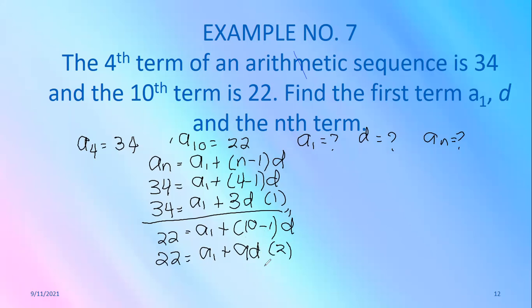This is your equation 2. I'm going to rewrite the two equations: 34 equals a sub 1 plus 3d, and the other one is 22 equals a sub 1 plus 9d.